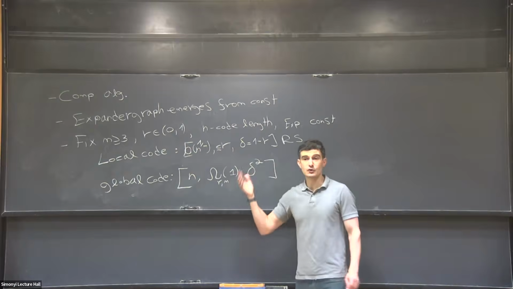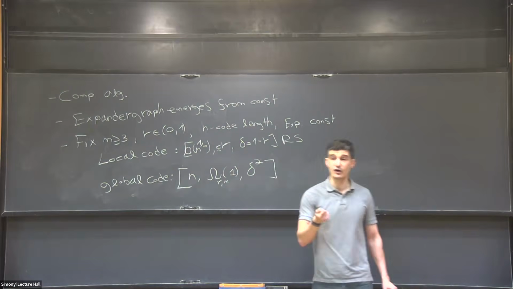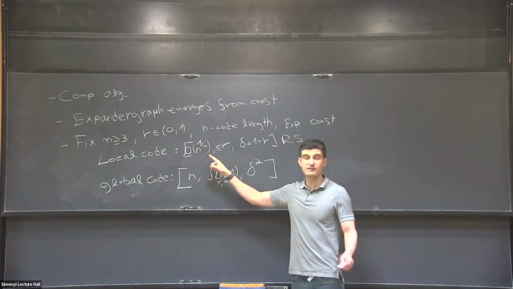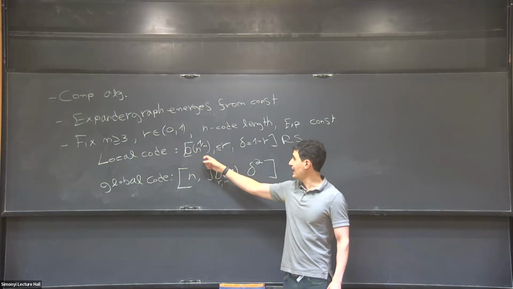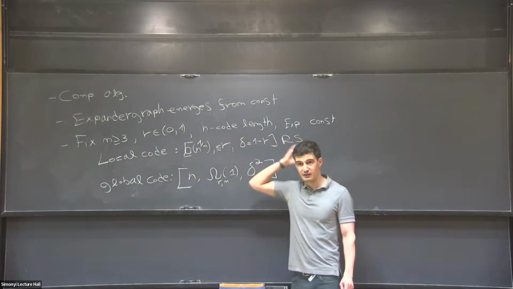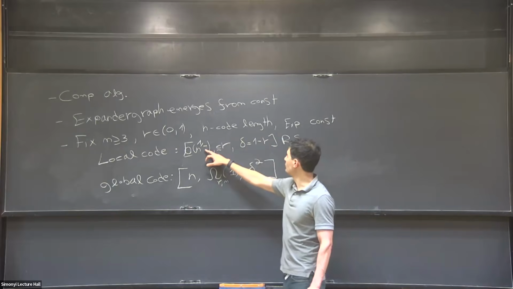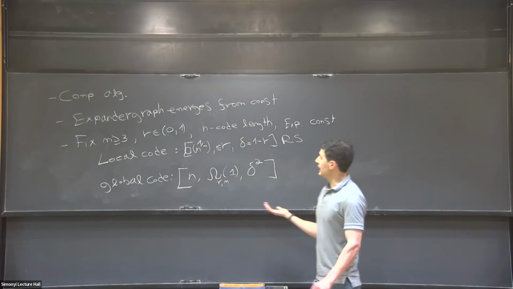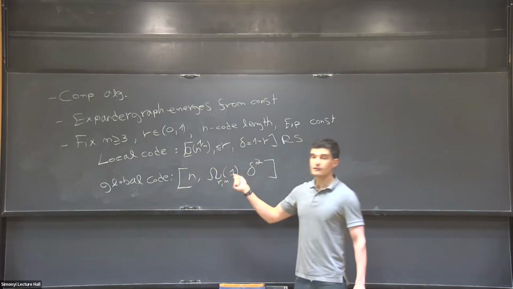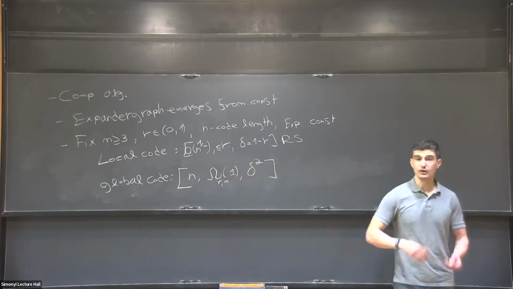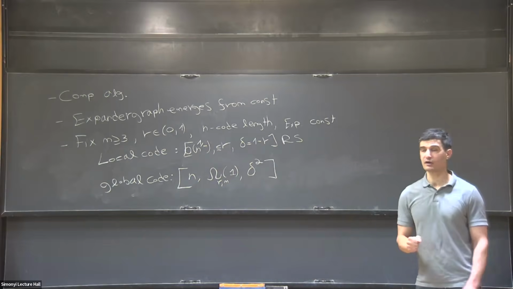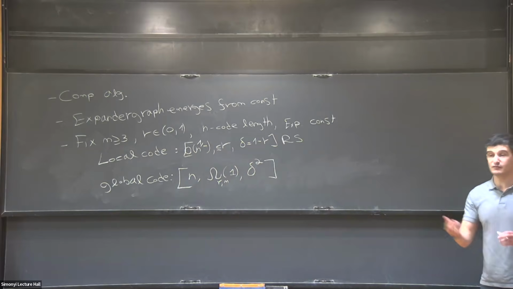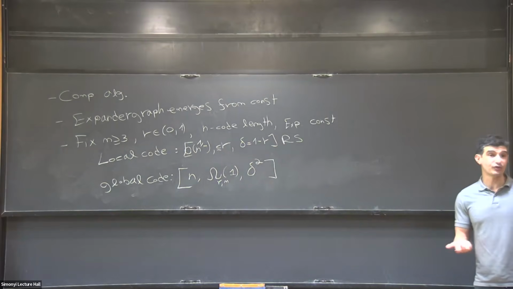But there are two disadvantages of the construction. First of all, the length of the local code, basically the sparsity of the graph, is only polynomial in n, and we have to take m to be fixed. And the second thing is that the alphabet size is polynomial in the length. In the original construction of expander codes, if the expander graph has constant degree, then you can also work over a constant alphabet.